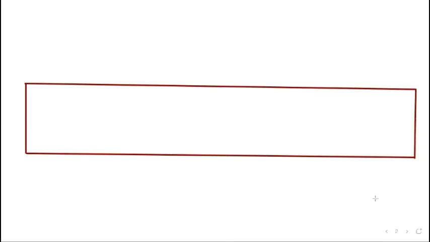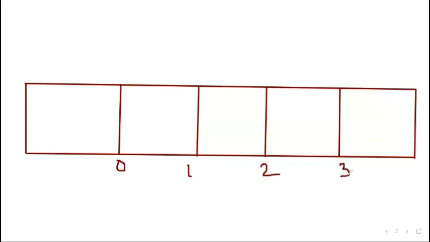Now we divide it into 5 equal parts, so each part will be 40 millimeter. Take 0, 1, 2, 3, 4, and this is 10.